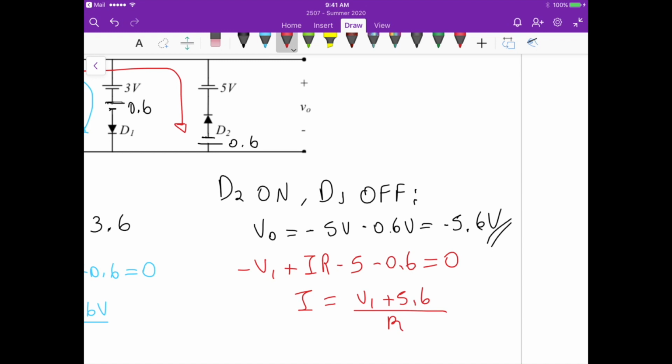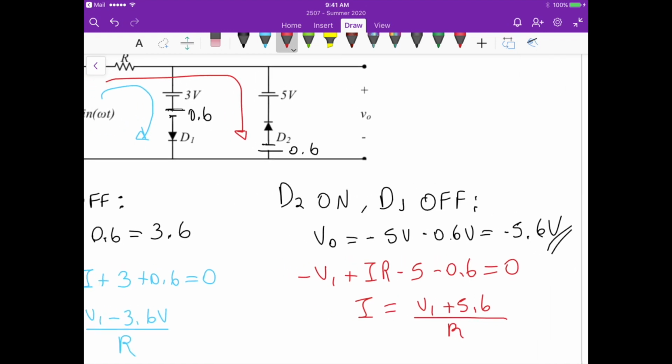Now if we get a positive value of current, then diode 2 is blocking that current, because it doesn't allow current to flow in this direction. So it's only on when the current I is negative, which implies that the current is flowing in the opposite direction of our analysis here in red.